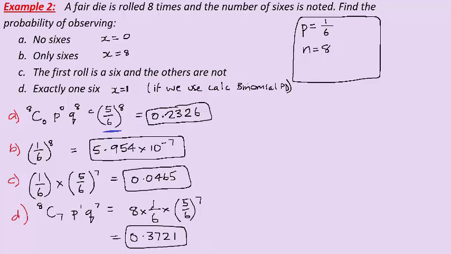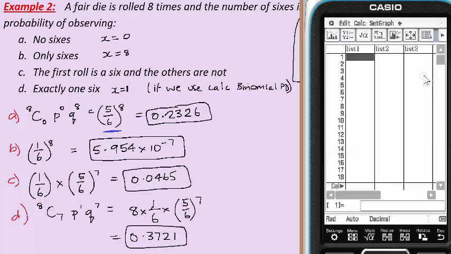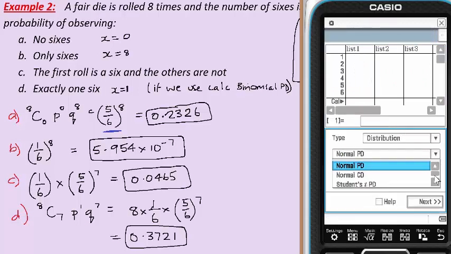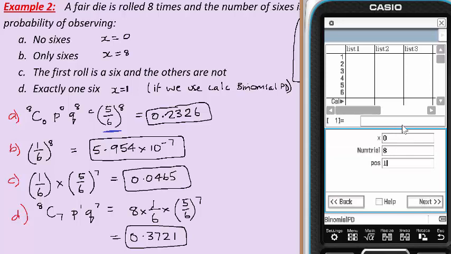Now let's really quickly rip through with the calculator and see what we can get here. So we're going to go Menu, Statistics, Calculator, Distribution, and Binomial Distribution. So we'll pop down until we see that, Binomial Probability Distribution. The first example says I have no 6s, the number of trials is 8, and the probability is 1/6.